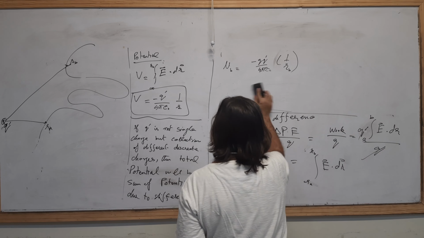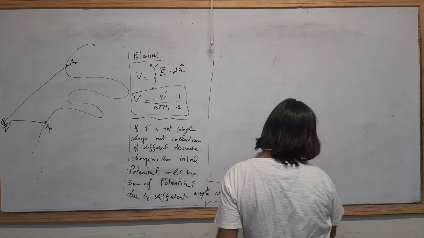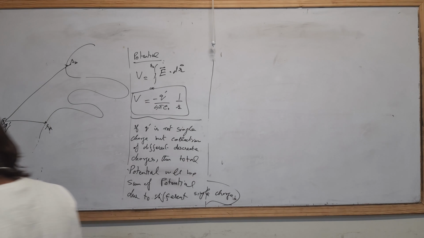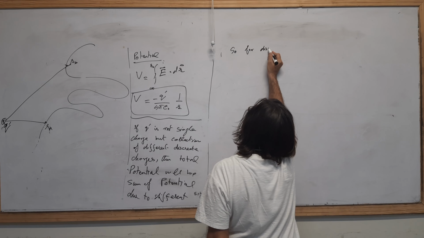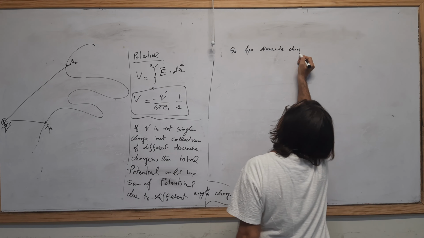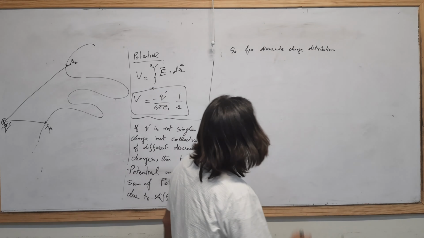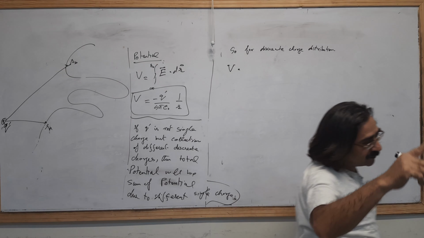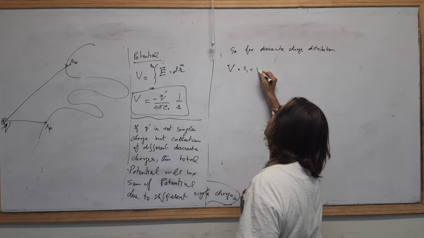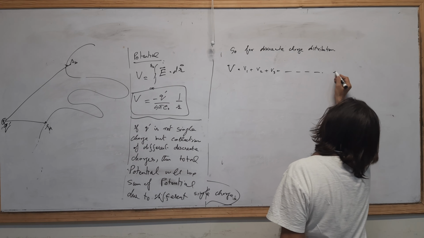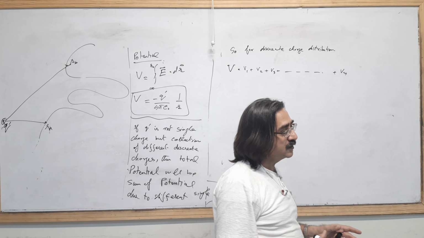So for a discrete charge distribution, V will be the sum of the potentials due to different single charges. When we add them, that will be V1 plus V2 plus V3 plus Vn, the sum over independent charges.